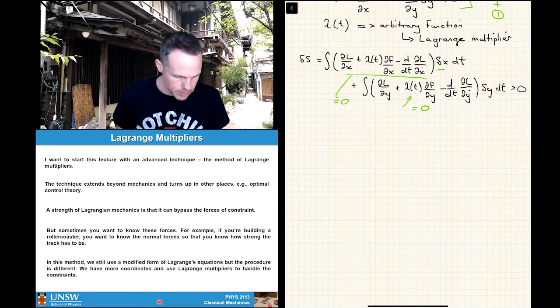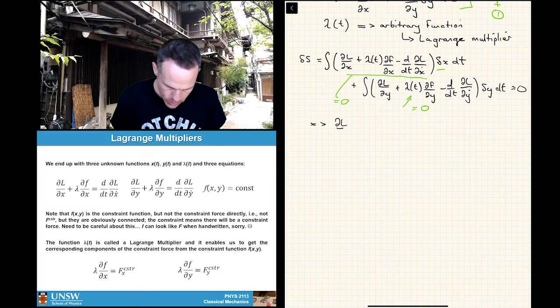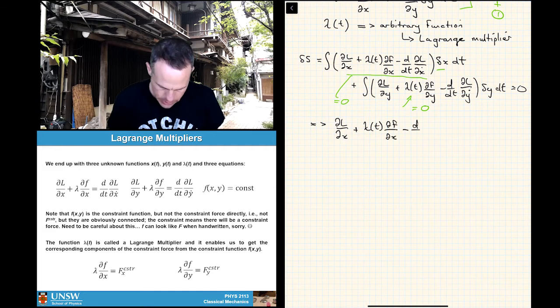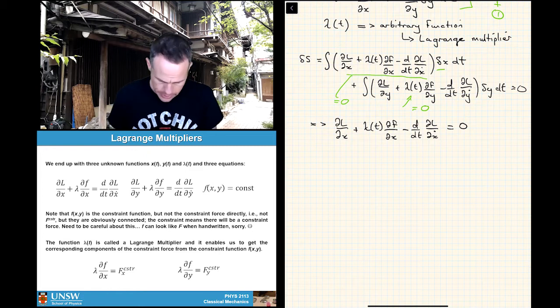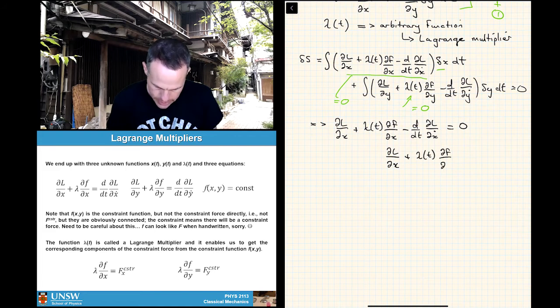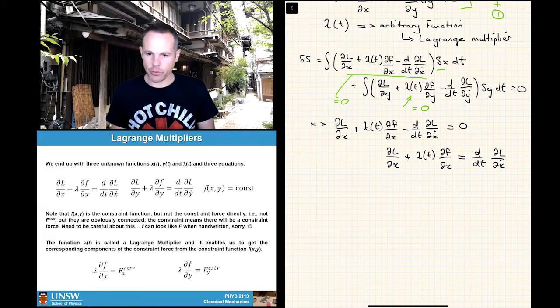So what this means is that we can arrange for dL on dx plus lambda of t dF on dx minus d on dt dL on dx dot to be 0. Or another way to write this is dL on dx plus lambda of t dF on dx is equal to d on dt dL on dx dot. And there would be an equivalent equation for y, okay?